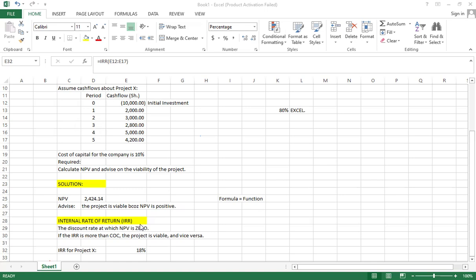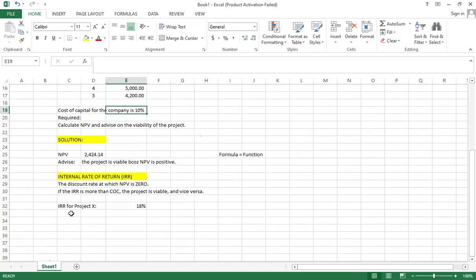Yeah, so that is how we compute the internal what? Rate of return. Our rate of return being 18%. Is this project viable or not? That is the next question. And guys, we have said that to advise on the project viability, you then compare this 18 with the cost of capital. For the company, the cost of capital was 10%, 18 and 10%. The internal rate of return is more.